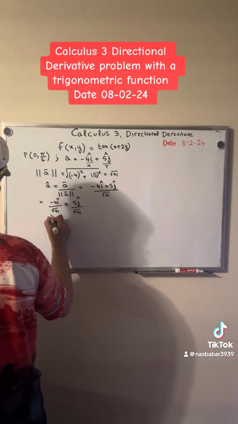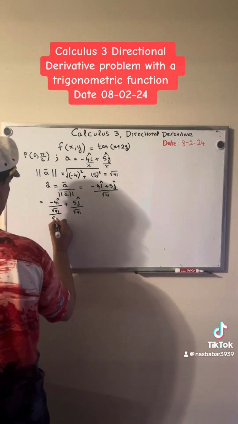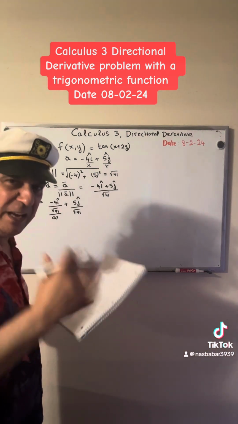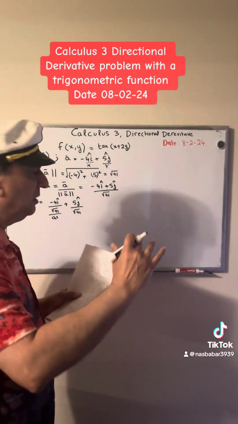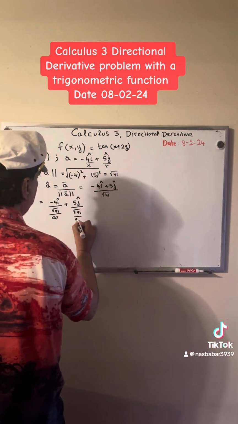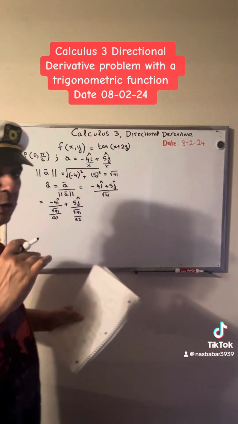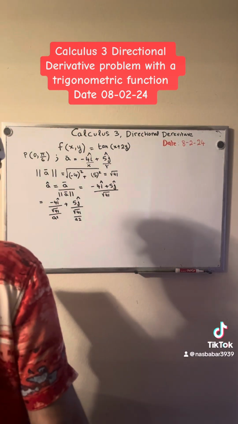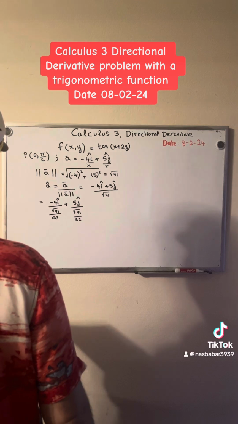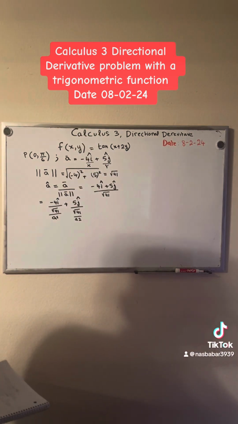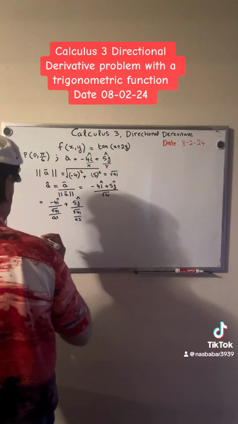Now this part right here is a1, the weight of the component of x. And this part right here is a2, the weight of the component of y. Now we find the partial derivatives of this function with respect to x and y and apply our formula.